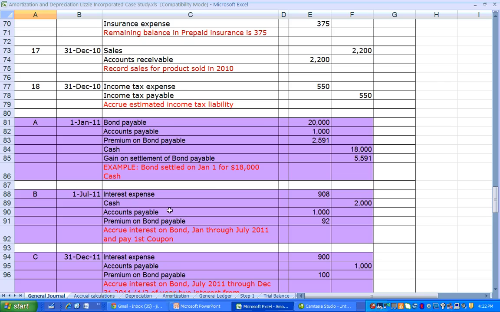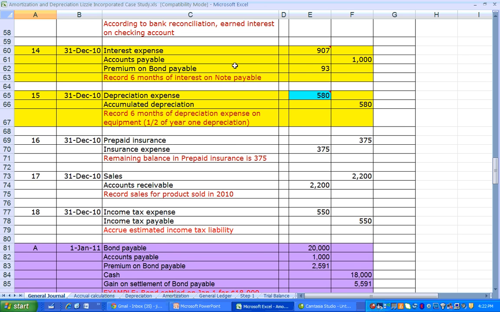We had previously set up an accrual for $1,000 of the coupon amount back on December 31st of 2010. We paid the $2,000. The difference between these is the premium on bond payable, the amortization that's recorded for the second half of year one of amortization, which fell over a calendar year.